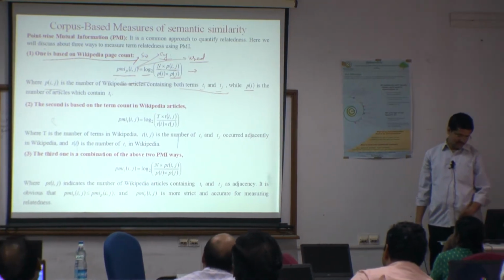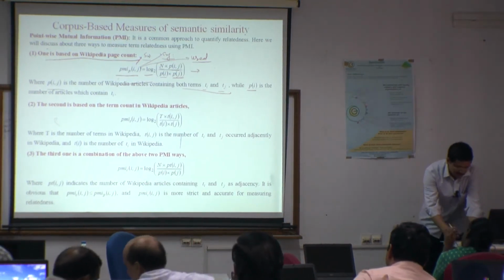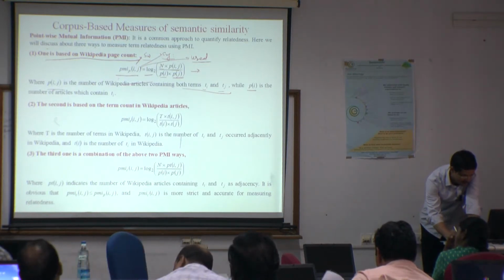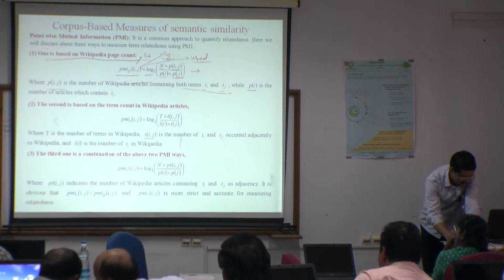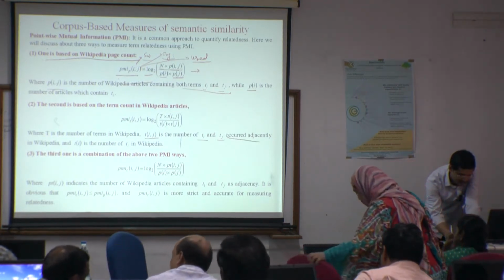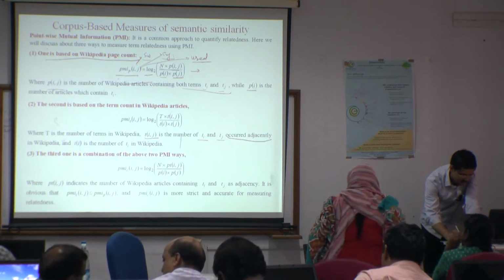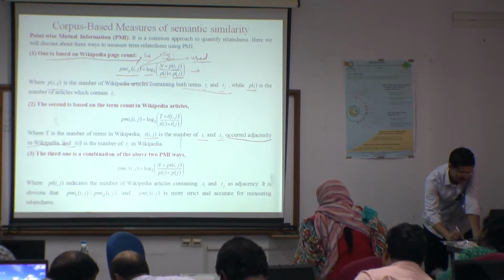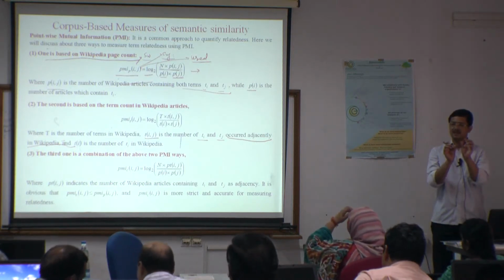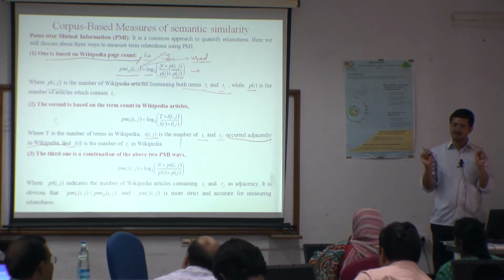Now the second measure is similar, but the difference between both measures is that here Tij is the number of times terms Ti and Tj co-occurred adjacently in Wikipedia. In the first measure we calculated how many times software and engineering occur in the same documents.